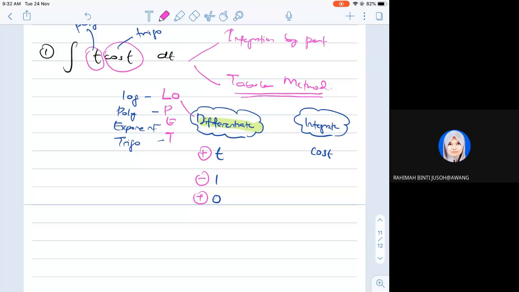Then cos t integrate: we get positive sin t, and sin t integrate, we get negative cos t. Now we have to cross-multiply.